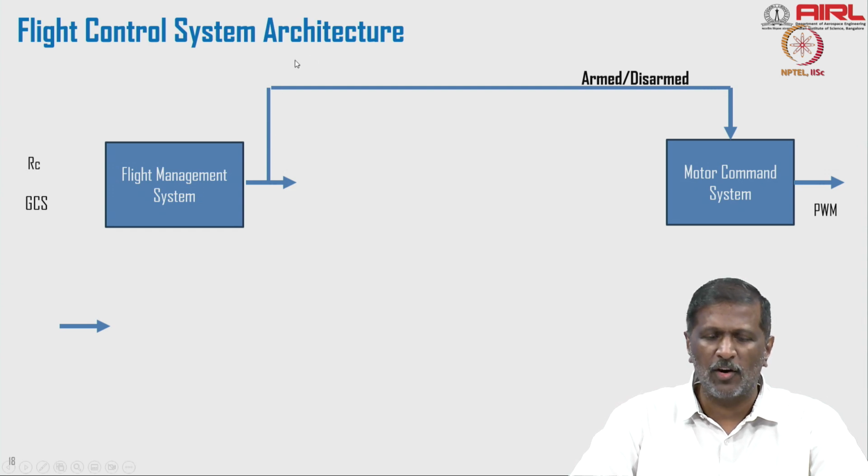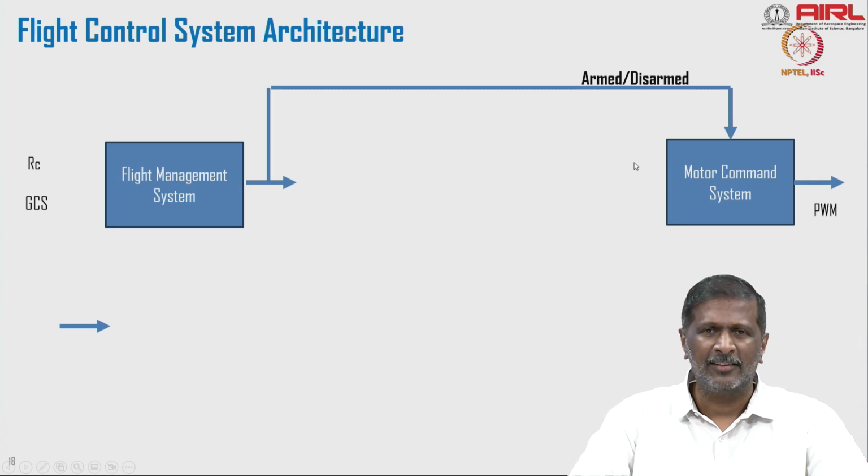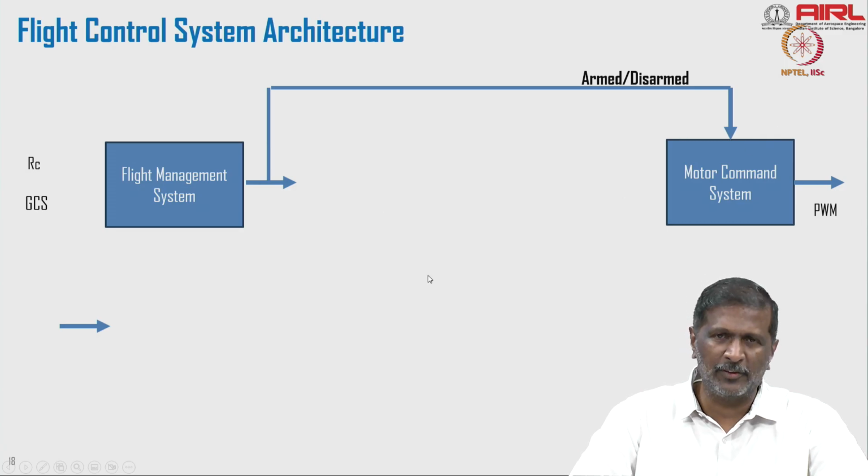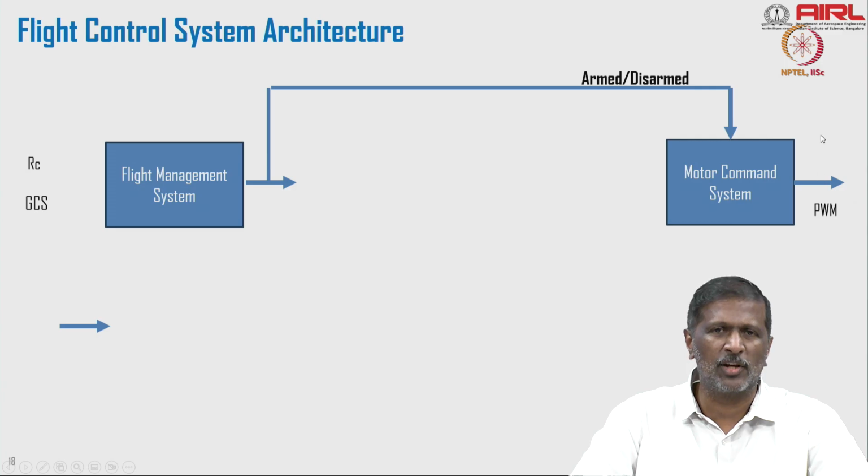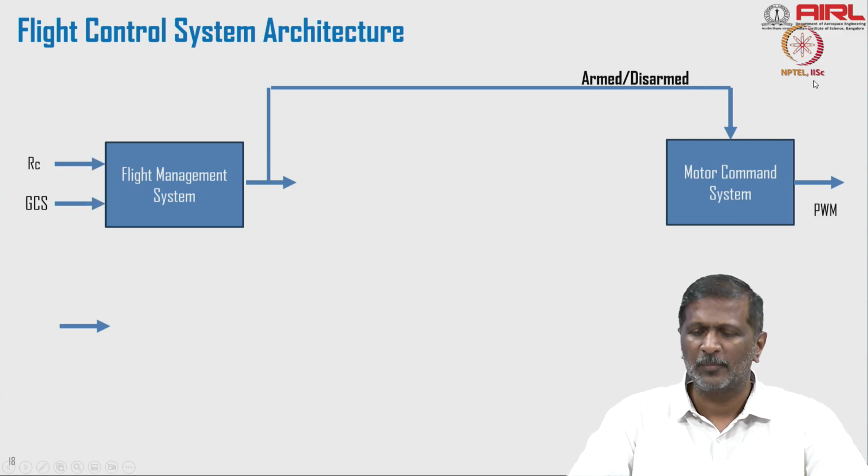It's a remote on and off switch, right? Arming and disarming. Till you arm, any command from the flight controller will not go through, right? You disarm, even if your system's sensors are functioning, no input will pass the motor command system. Basically, here the output is always 0, right?